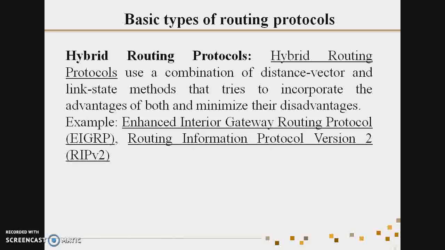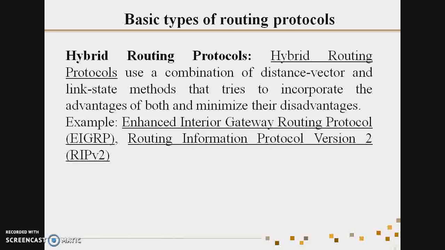For example, Routing Information Protocol version 1 and IGRP, the Interior Gateway Routing Protocol, are examples of distance vector routing protocols. Even though it is a routing protocol, it does not use a dynamic approach; it solves the shortest path using a static approach, but it does belong to the routing protocols.